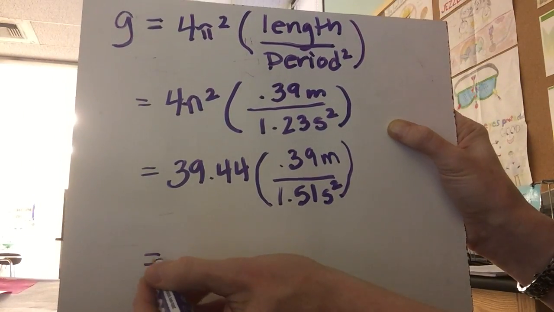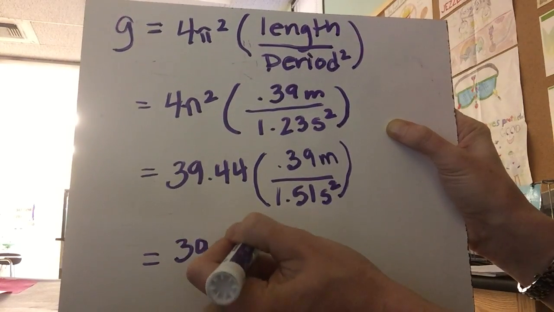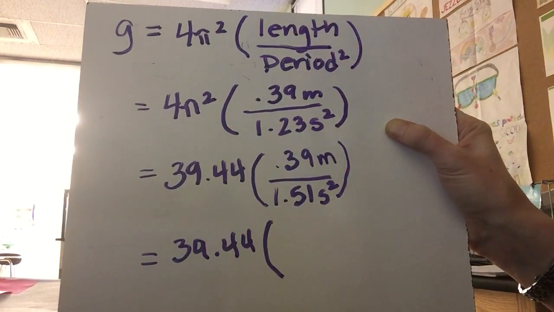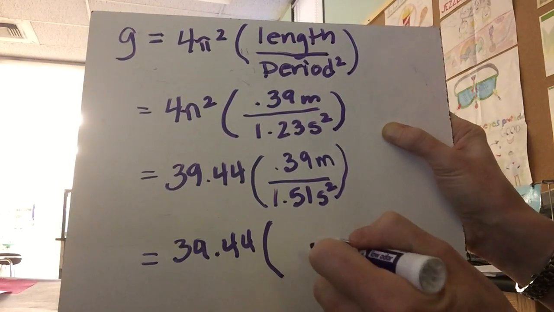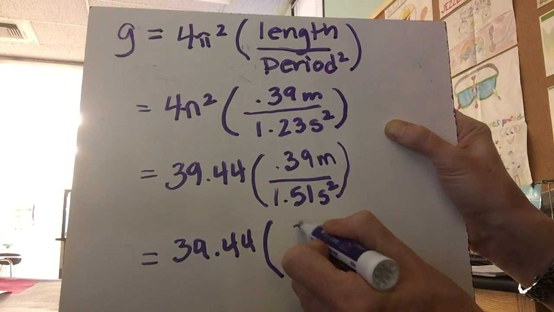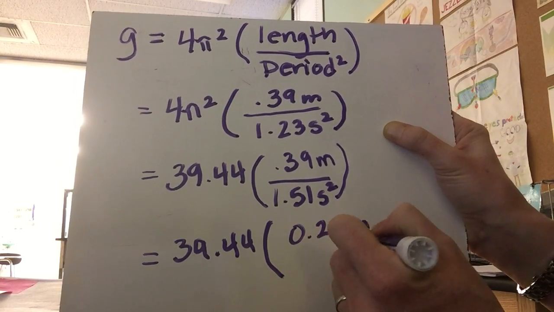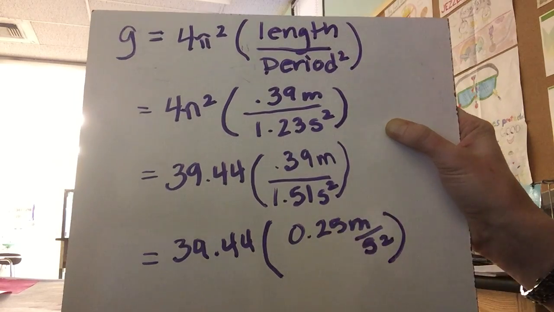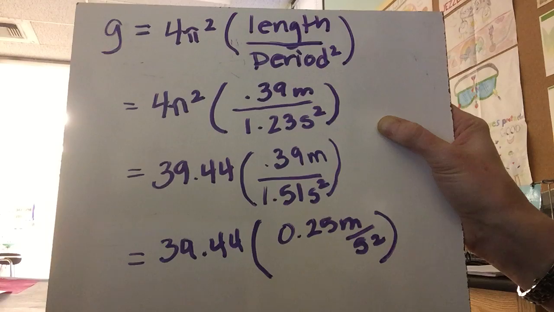I'm going to start with my parentheses and my order of operations. So 0.39 divided by 1.51 is 0.25 meters per second squared.